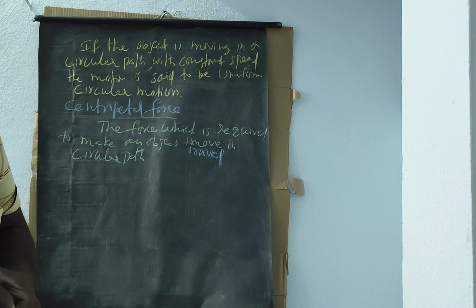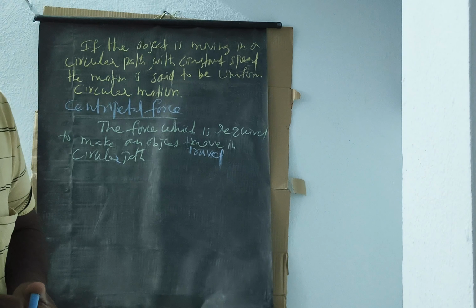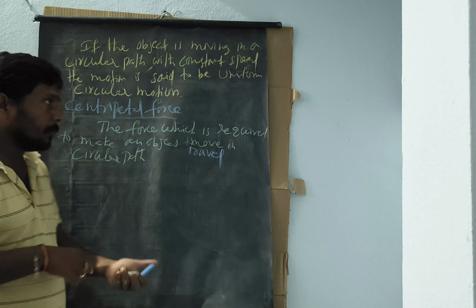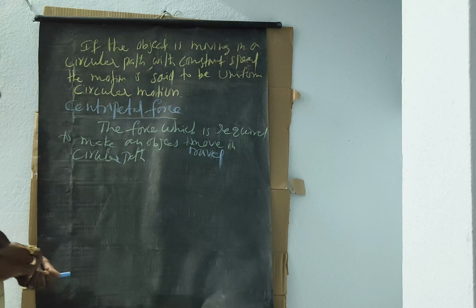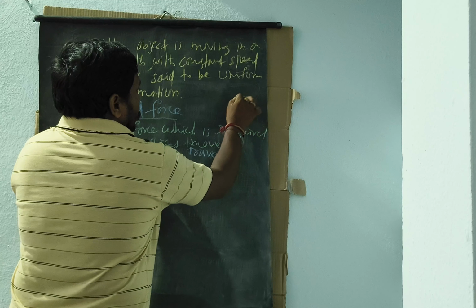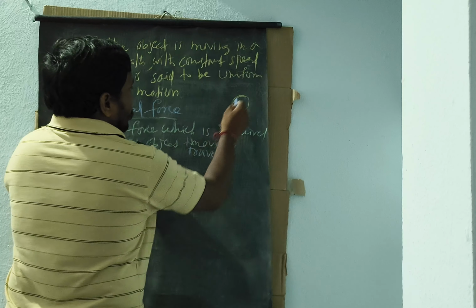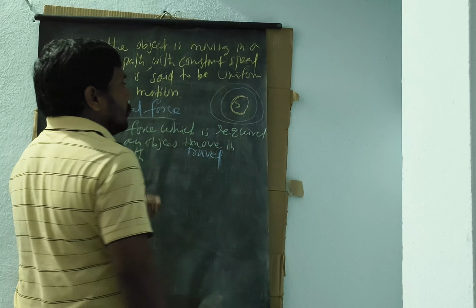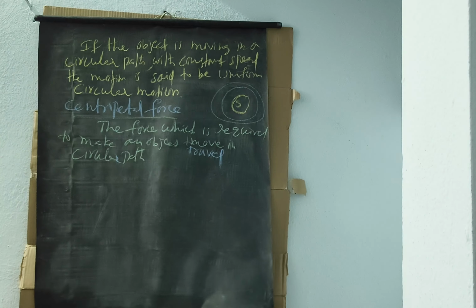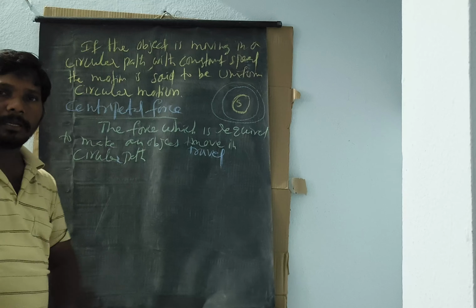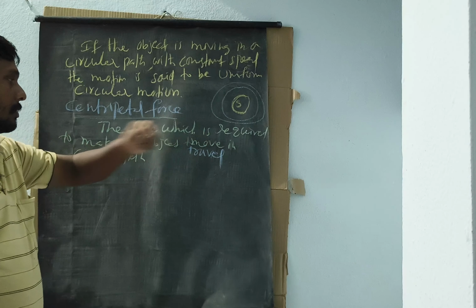For example, planets are revolving around the sun in their particular orbits. This is an example of uniform circular motion.